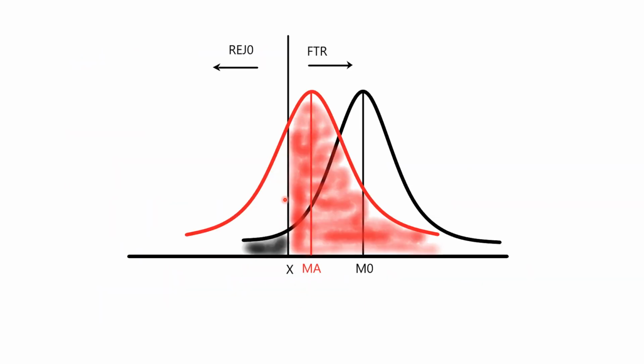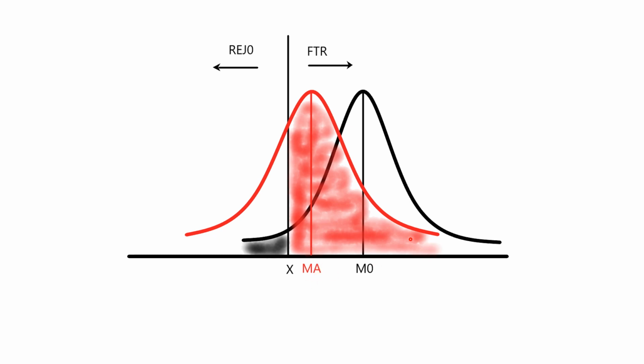And instead of working with the black curve, we are working with the red curve, because we are imagining that instead of the true mean of the population being 209 seconds, in this scenario it's 202 seconds.